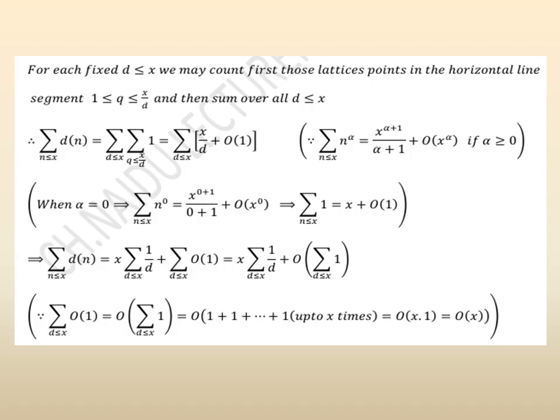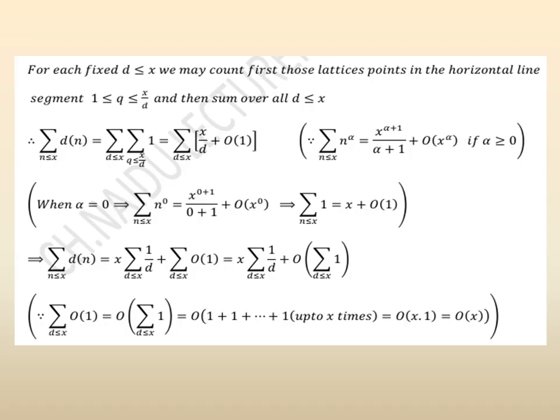See, the summation of n power of 0 is equal to x power of 0 plus 1 by 0 plus 1, plus big O of x power of 0. This is the formula we use here when alpha is equal to 0. So when alpha is equal to 0, the summation of 1 is x plus big O of 1.